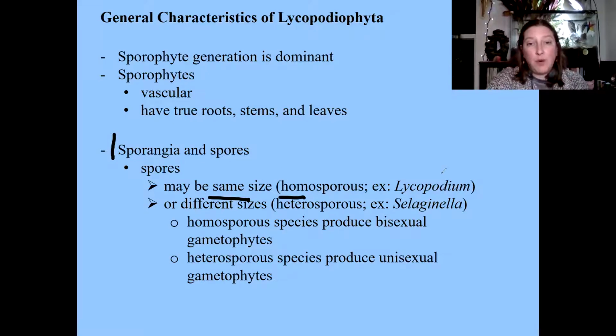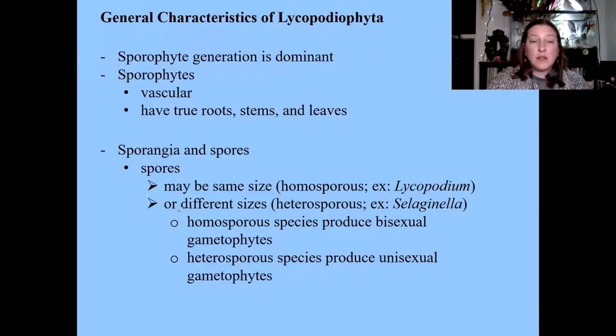And that's how it is in Lycopodium. Lycopodium is like the other plants we've already covered in this class. They only make one type of spore. However, if you look at other plants, including Selaginella, plants make two different types of spores. We'll talk about them in a little bit.